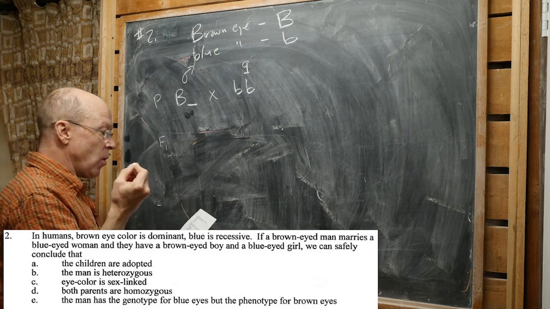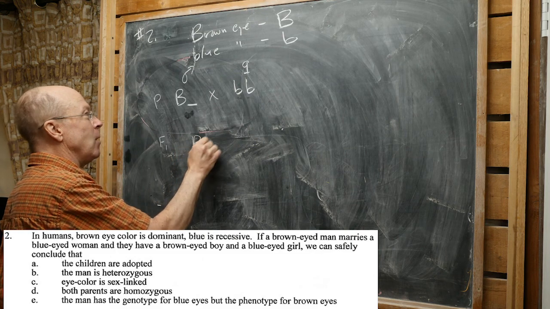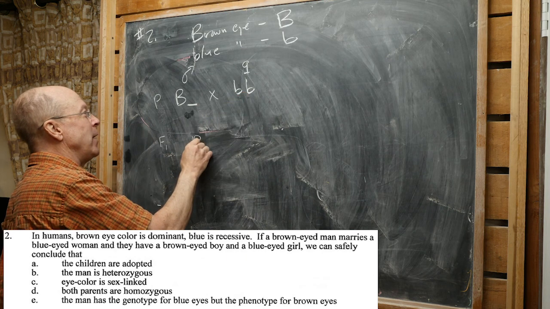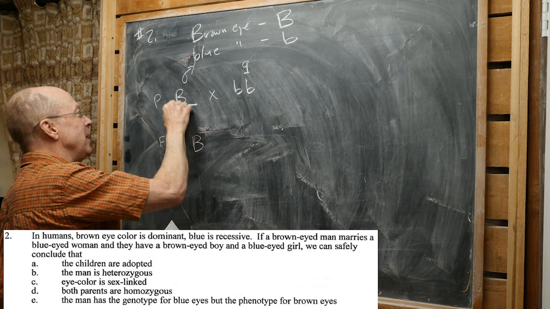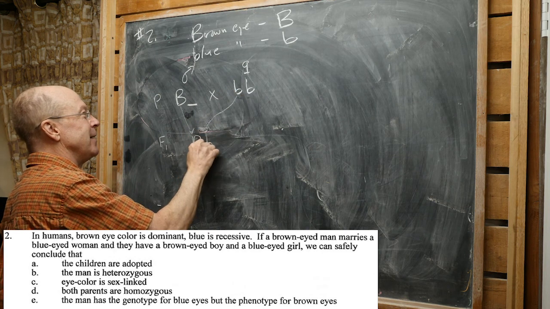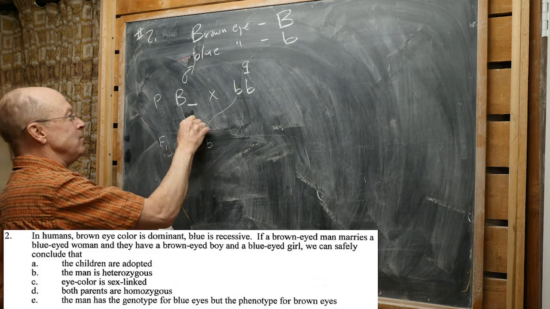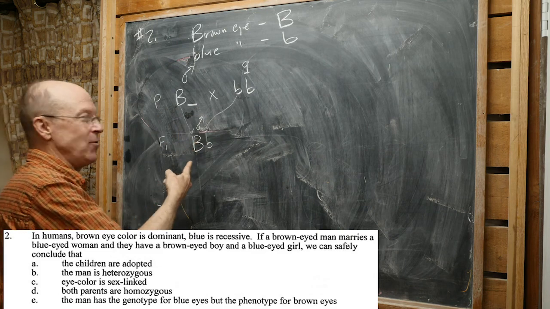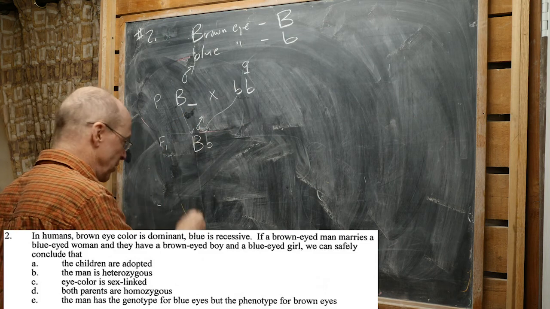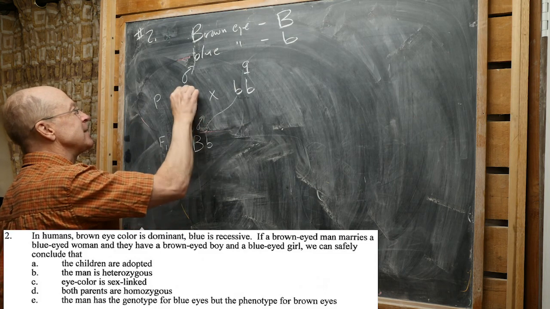In the F1s of this cross, they have a brown-eyed boy, and we know that the only way to get a brown-eyed boy would be this way and this way. That's the only kind of gamete you can get there, and at least the brown-eyed parent, so they have a brown-eyed boy. That's not very informative. It doesn't help us answer this question. We really want to know what this guy is right here.